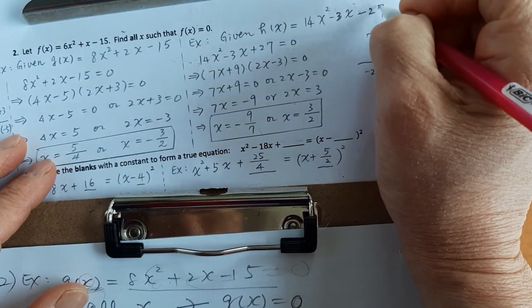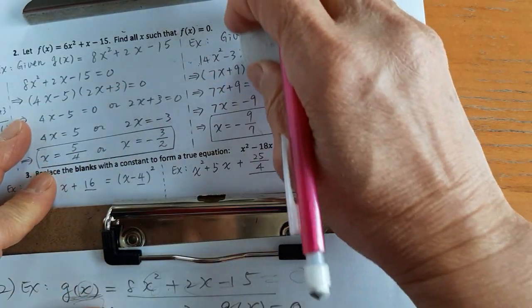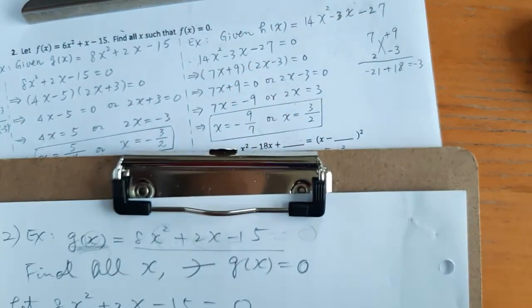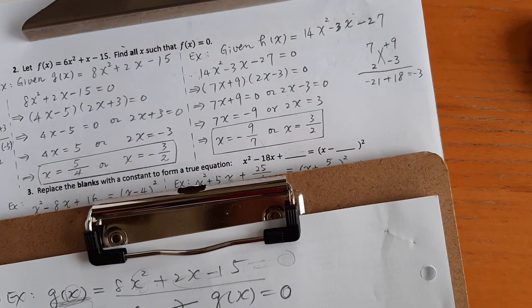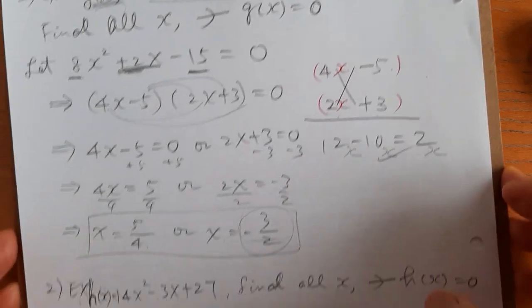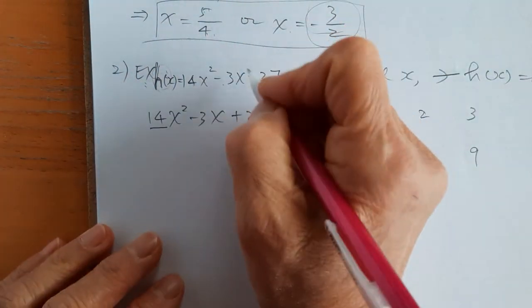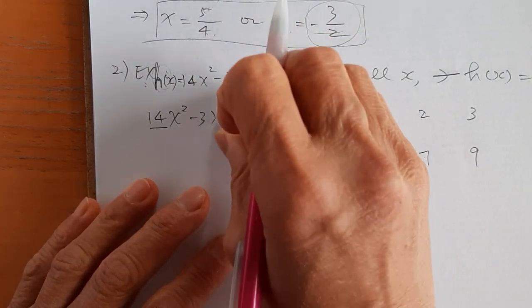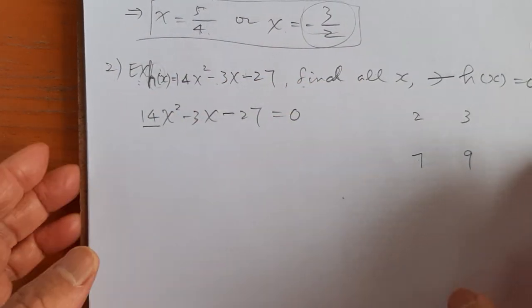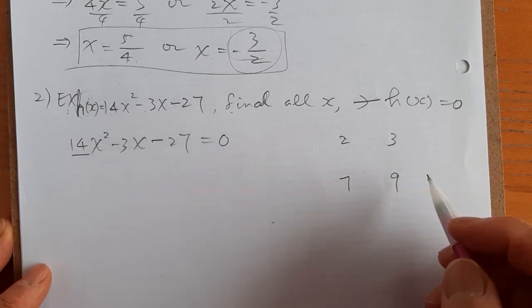Otherwise, you cannot factor it. So it has to be minus 27. So here, 3 times 9, one positive, one negative.